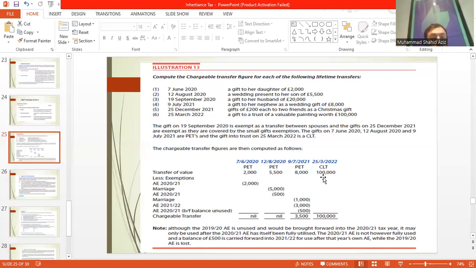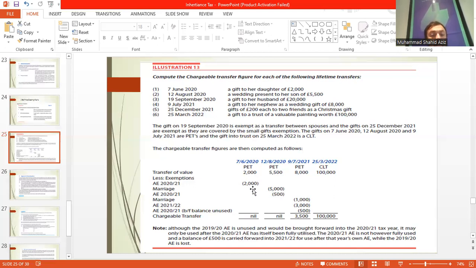Now let's solve this question. The first thing is we said that the marriage allowance is £5,000 if it is given to a son or daughter, so we write it here, £5,000 marriage. And the annual exempt allowance available every year is £3,000. So for 2020-21, the total available was 3,000.